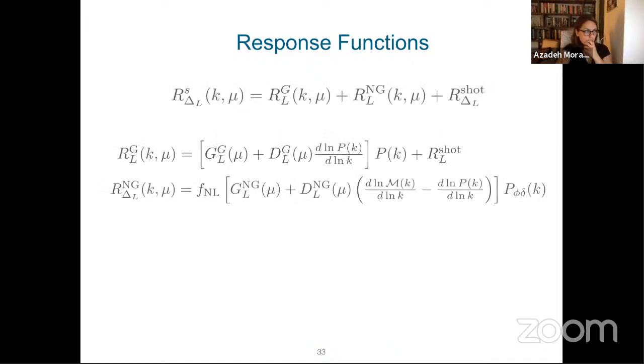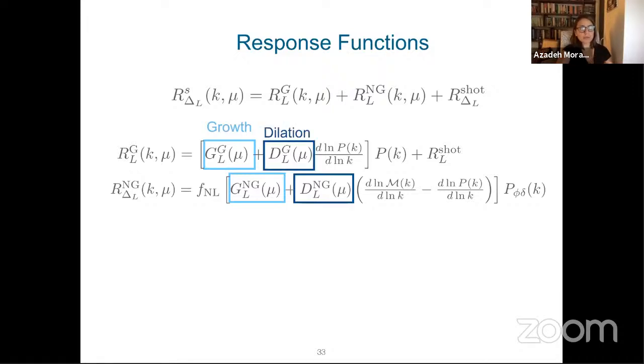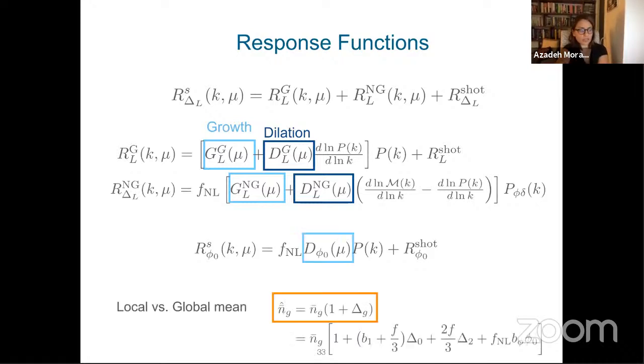And if you do so, you can show, as I discussed before, that the impact of these larger scale modes can be understood in terms of a growth part, which changes the growth of structure, and in terms of a dilation. So you see that the dilation terms are basically derivatives of the power spectrum or transfer function with respect to k. And when you compute the primordial response to the gravitational potential, you see that it only has the growth part and no dilation term.